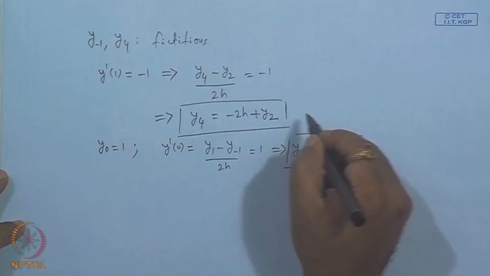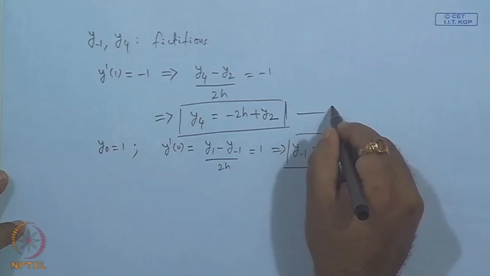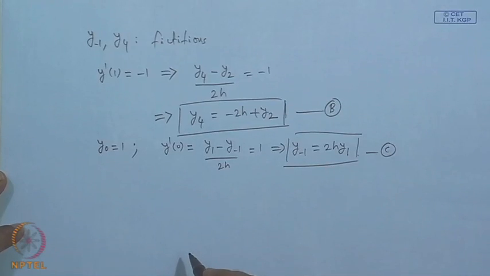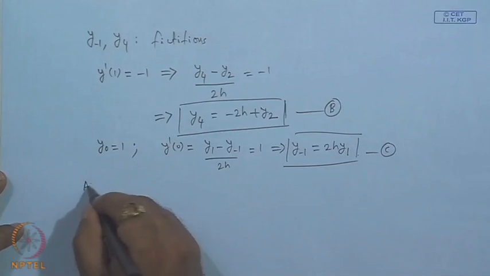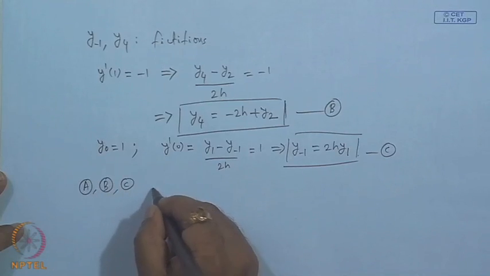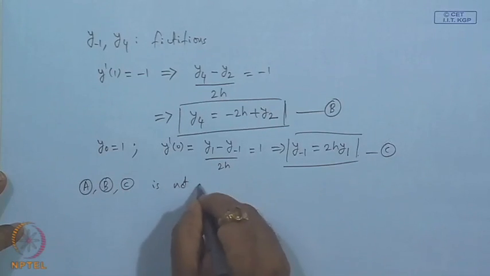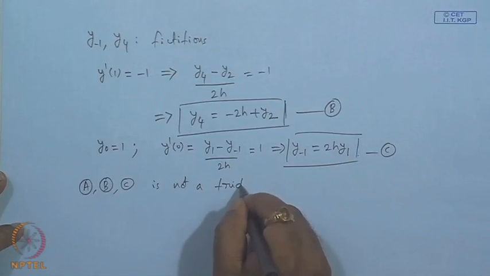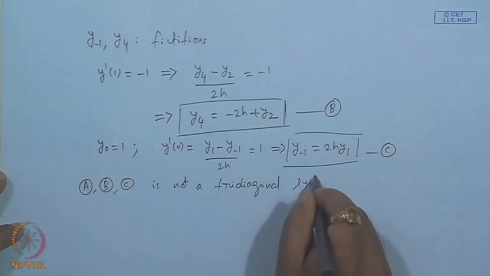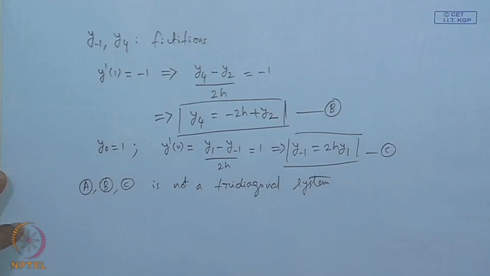Then this fictitious value is determined and this is determined. However, ABC is not tridiagonal. So, that means there is some issue with respect to the number of unknowns and number of equations.